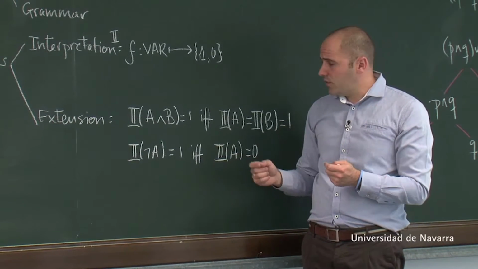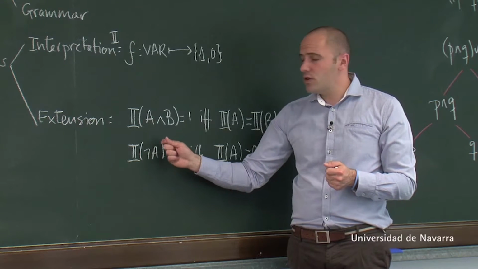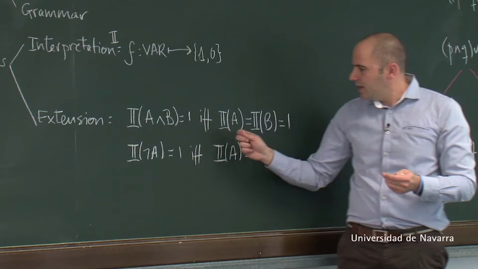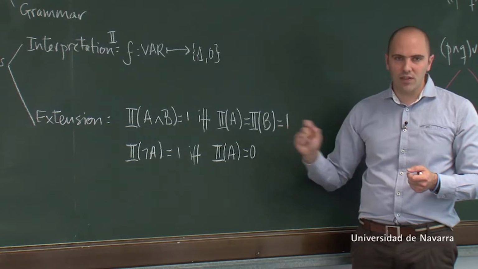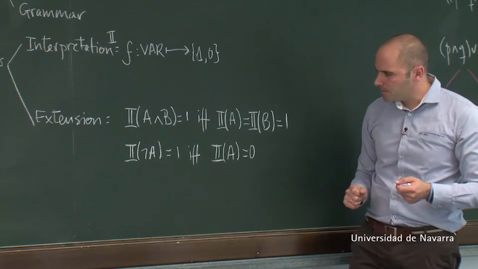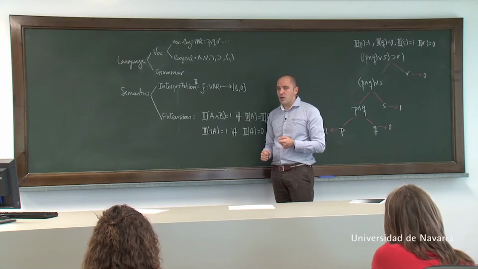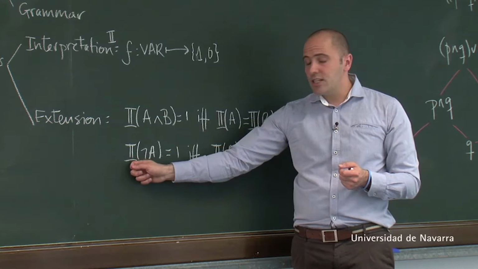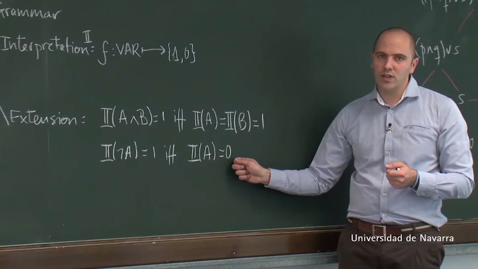For the case of conjunction, we will say that a formula of the form A conjunction B takes value 1, is true, just in case both A and B take value 1 in that interpretation. For the case of negation, a formula of the form negation A is true in an interpretation just in case the unnegated formula is false in that interpretation.